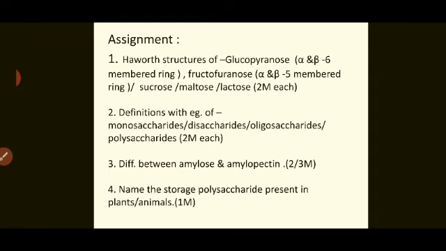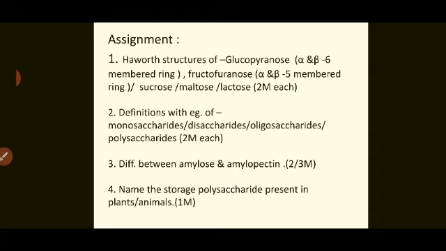Then fructofuranose, even in this also alpha and beta structures, in the form of a 5-membered ring. Then Haworth structure of sucrose, maltose or lactose. These structures can be asked for 2 marks each. Please write all the structures on one page or on one paper separately.